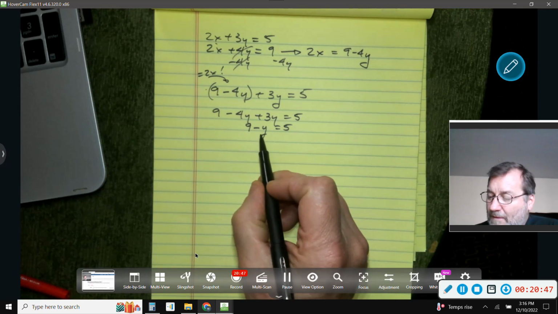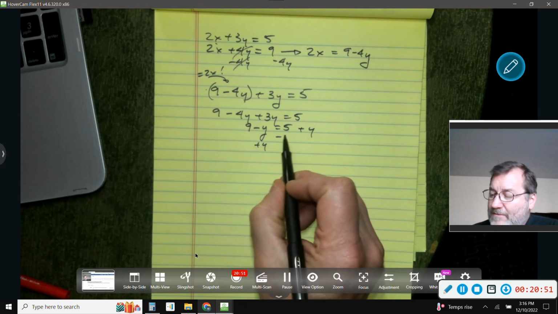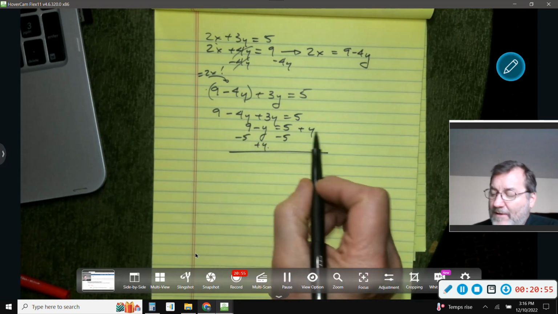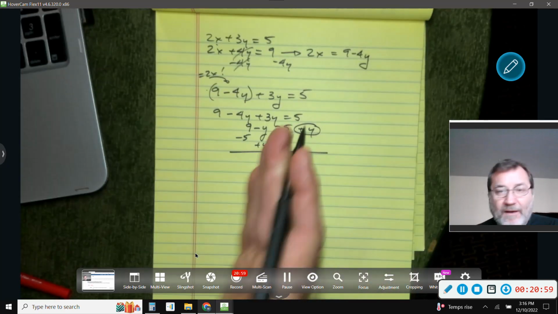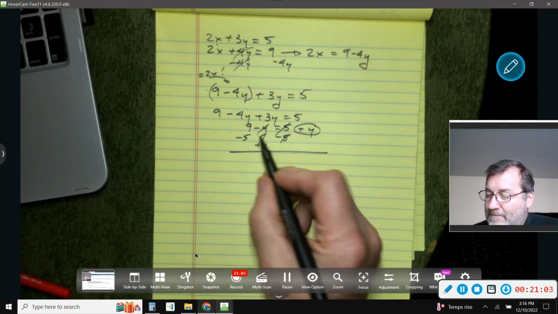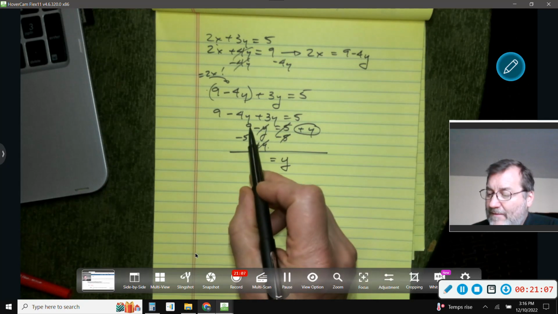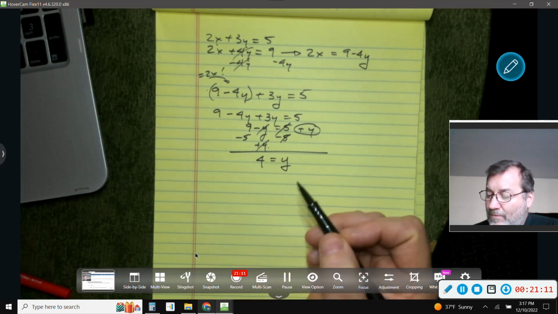All right, so let me add y to both sides, and I'll subtract 5 from both sides. I like doing it that way because then I'll get a positive y. Cancel, cancel, cancel, cancel. I just got a y on this side, and then 9 minus 5 is going to be 4.